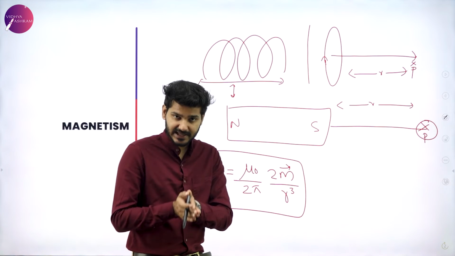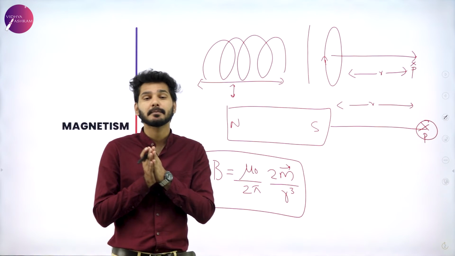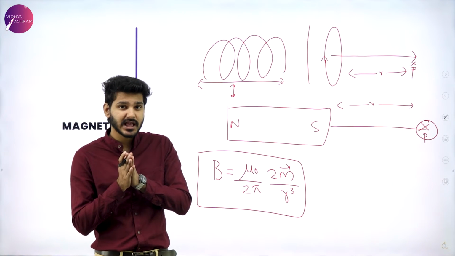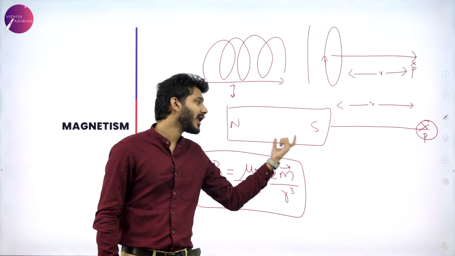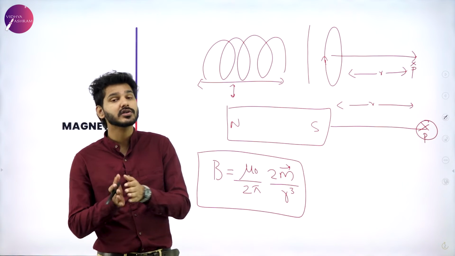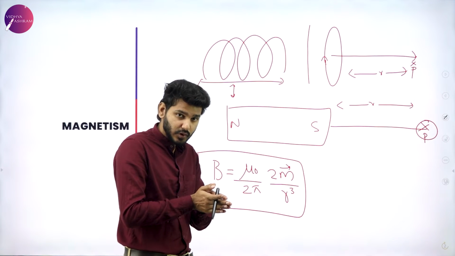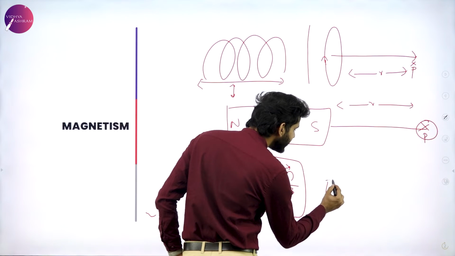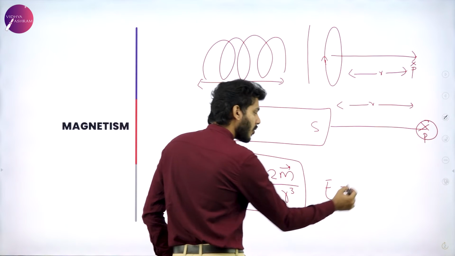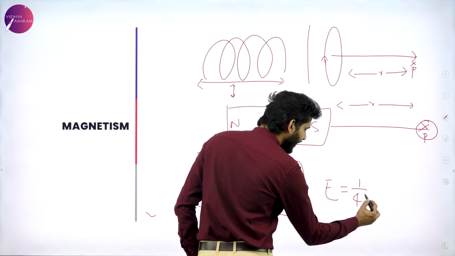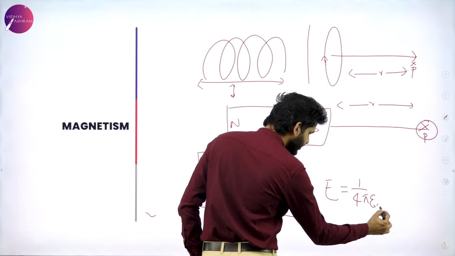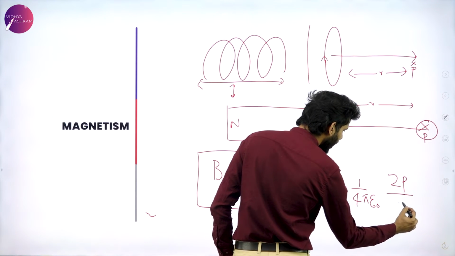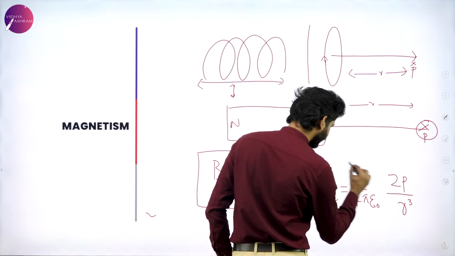Remember, here we are comparing magnetic and electric fields, which means that we are comparing a magnetic dipole and an electric dipole. We already know that for an electric dipole, the electric field is given by the equation E equal to 1 by 4 pi epsilon naught into 2p by r cube.